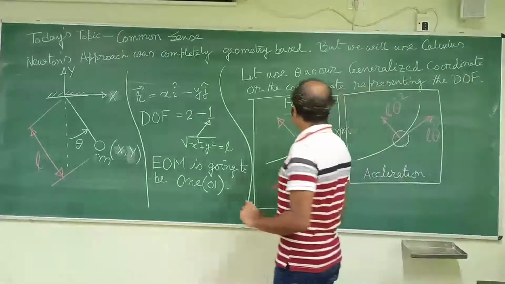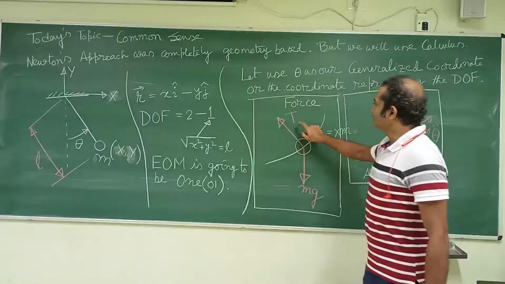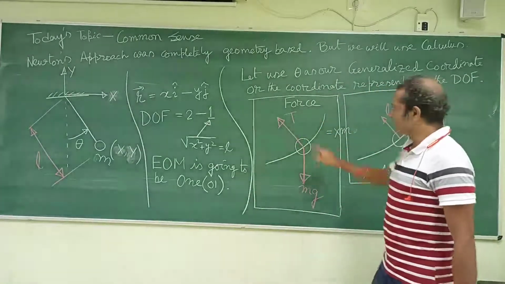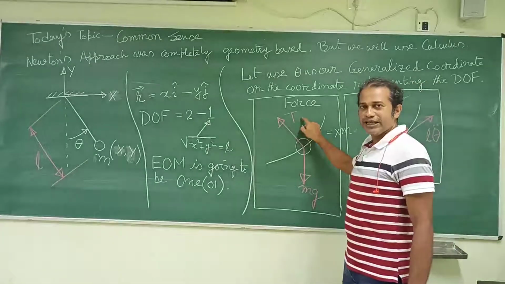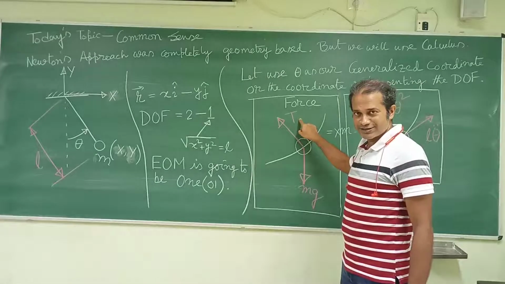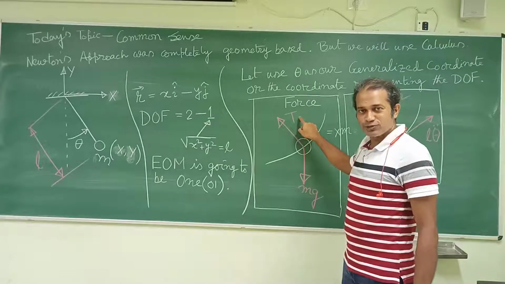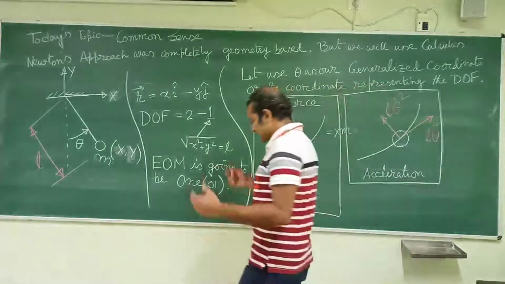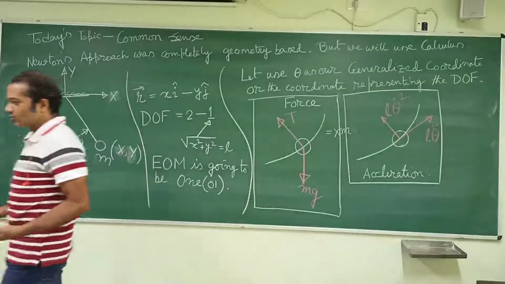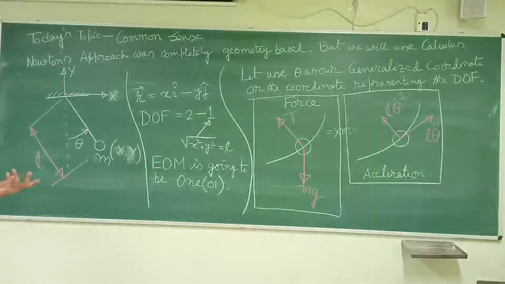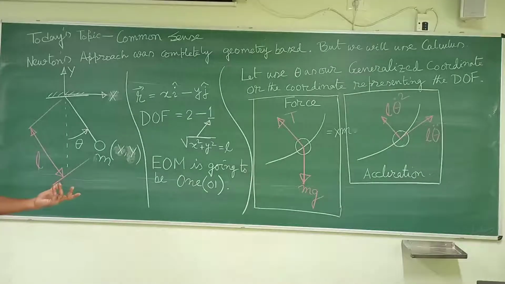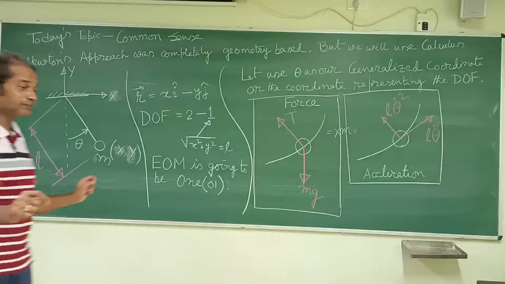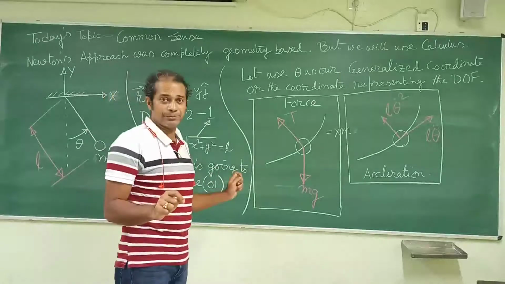Now look carefully: this T force, or the tension force, is a force of constraint. That means if your velocity increases, the tension is going to increase. If the mass increases, the tension is going to increase. But it is going to keep the length of the pendulum the same.